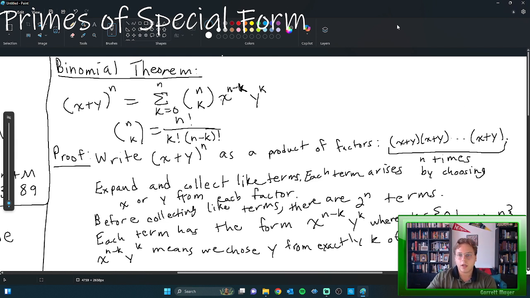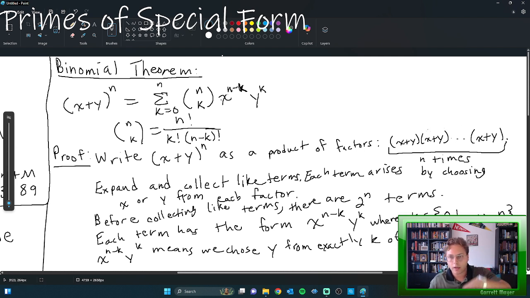So we go in here, and in exactly k of these factors, we choose y. The other n minus k, we choose x. Now remember how we defined n choose k before. You're going into a set of n things and choosing k of them. So if you go into these n factors, you're choosing k of them where you pull y out.